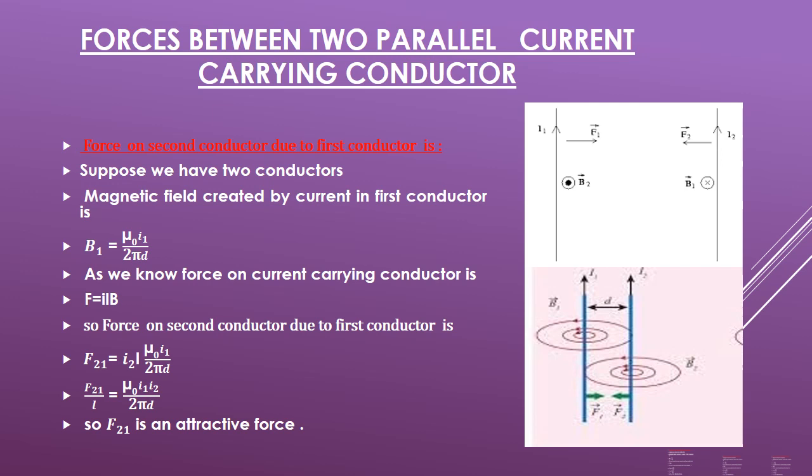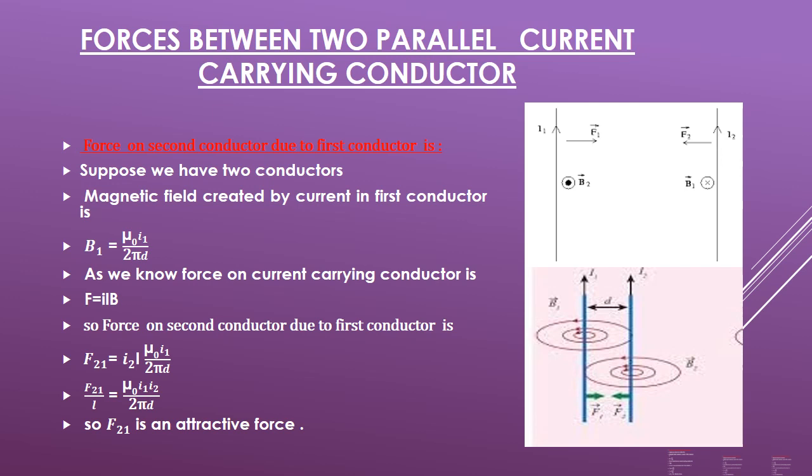This current carrying conductor creates a magnetic field all around it. So conductor 2 is placed in the magnetic field of conductor 1. The question also arises whether conductor 2 is not creating a magnetic field. The answer is yes, it is creating a magnetic field, but that is its own current in its own magnetic field.